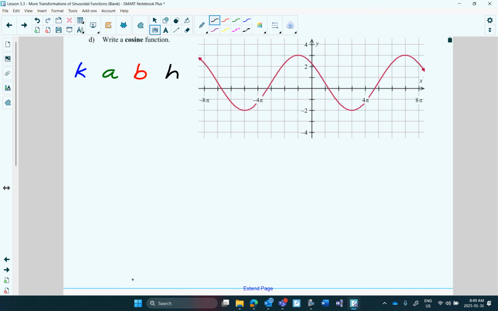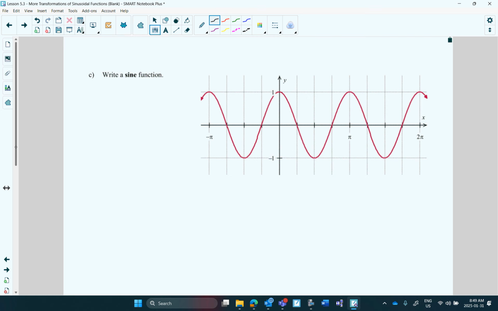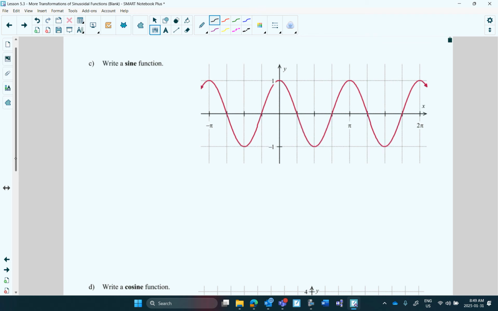Oh, sorry. This one, pardon me. I keep forgetting it does that when I change pages. It goes to the bottom of the next page for some reason. Yeah, no, this is the one I want you to do.